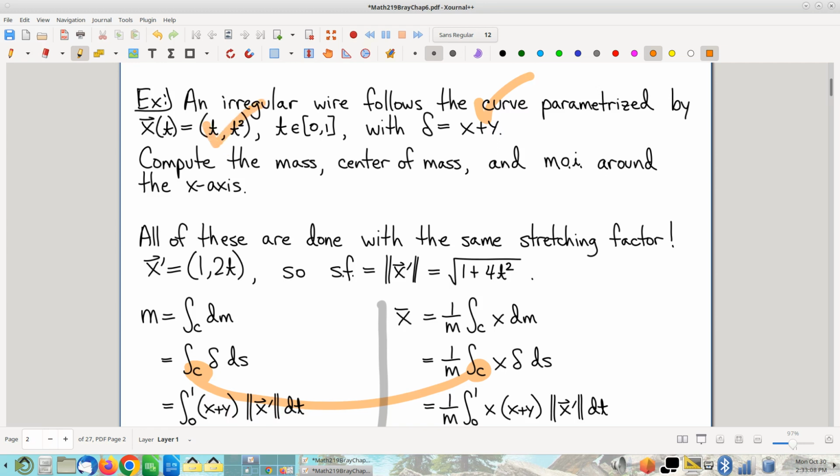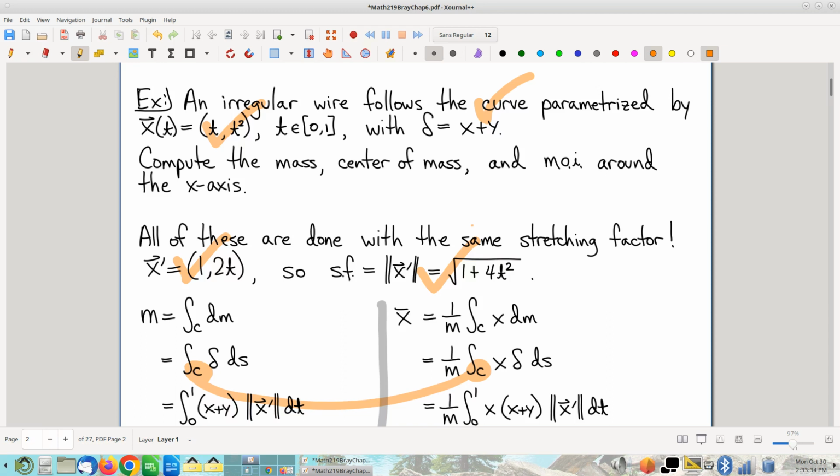If I'm using the same parameterization, that means that they have the same velocity and therefore the same magnitude of the velocity, namely the speed, namely our stretching factor. So a lot of what we're going to be doing in computing these two integrals, different physical quantities, same curve, same bunch of other stuff, and so these integrals are very, very closely related.